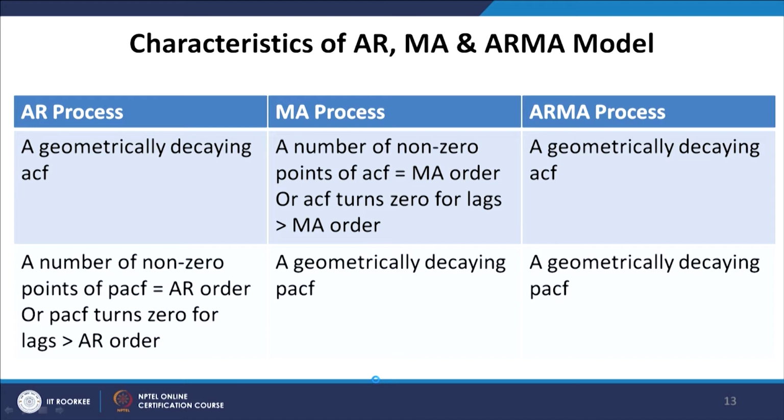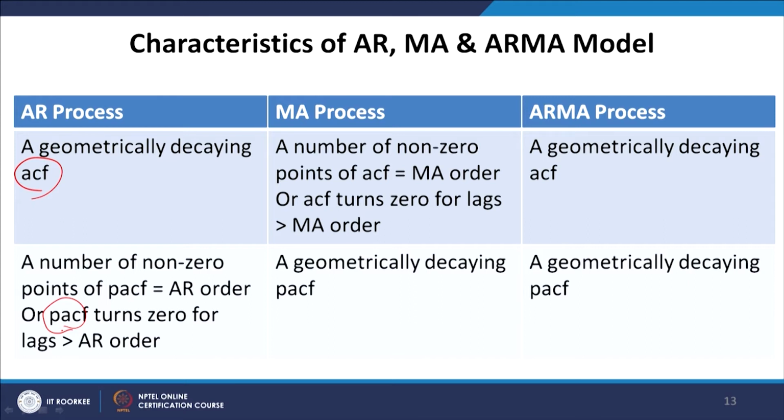First of all, for AR processes, we can experience a geometrically decaying ACF, or autocorrelation function. Here ACF refers to autocorrelation functions and PACF refers to partial autocorrelation functions. So, for AR processes a geometrically decaying ACF is observed, and for MA processes the number of non-zero points of the ACF equals the MA order. Alternatively, the ACF turns 0 for lags greater than the MA order.